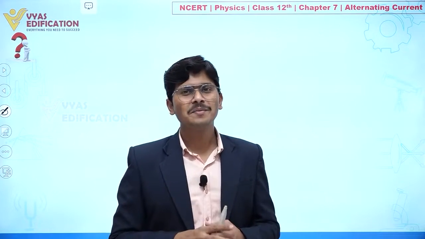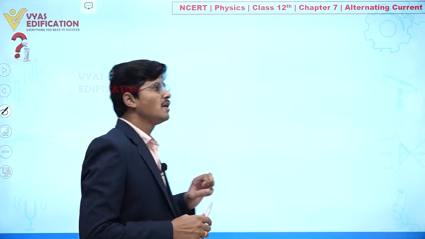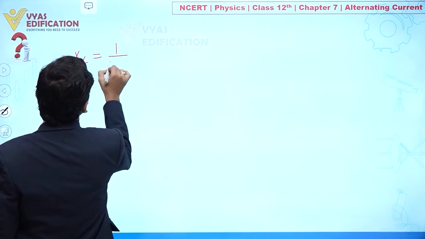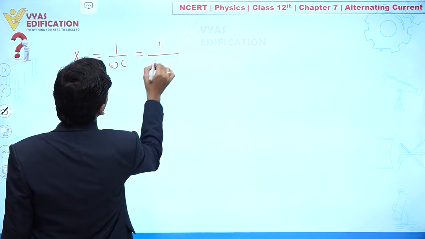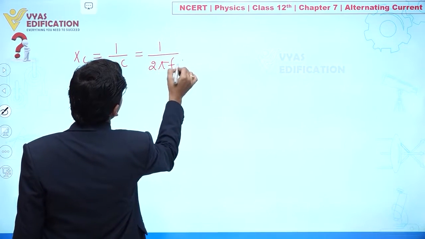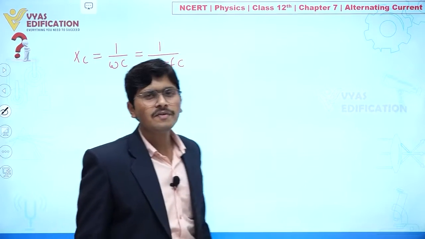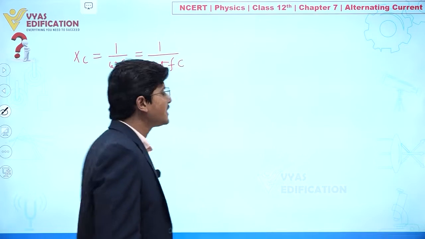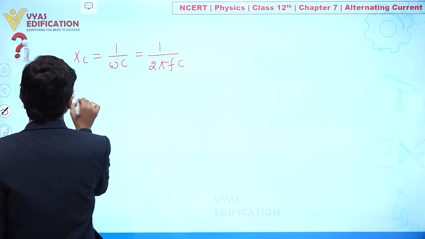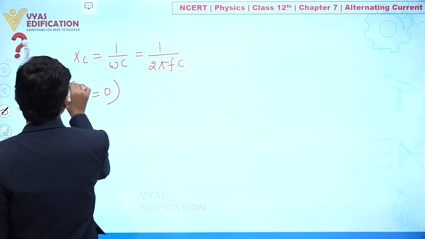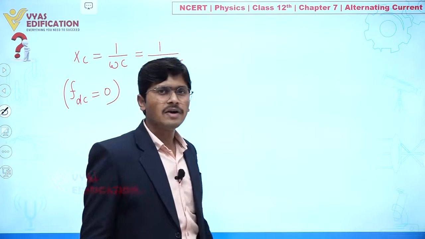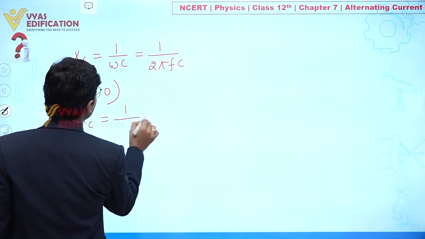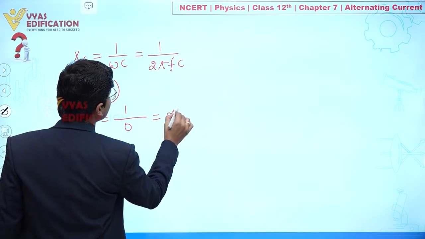Dear student, we have one more question in this particular topic. Xc is given by 1 upon omega C, which is 1 upon 2 pi f C. Now, whenever we are talking about DC current, the frequency is equal to 0. So for DC the value of f is 0, and from here Xc is 1 upon 0, near about infinity.